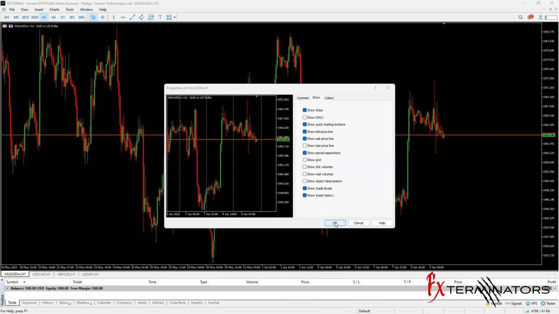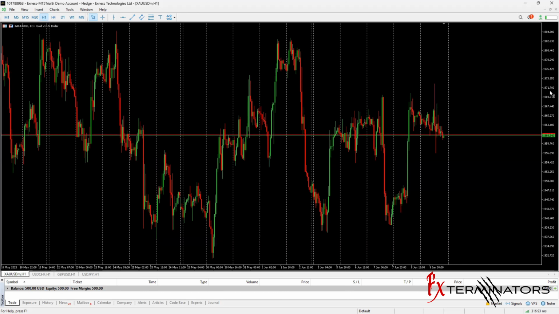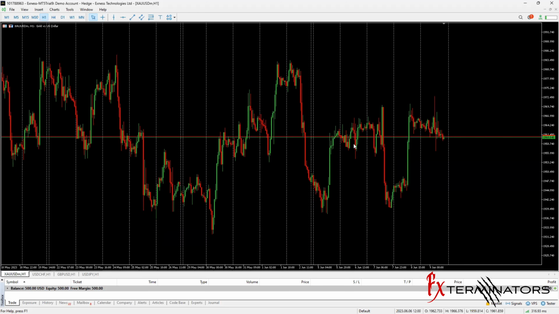So click on OK. Okay, now you see that we already have our period separators implemented on the chart. The whole ideology behind this trick is just identifying the previous day high or low and then the current day high or low, depending on the trend.